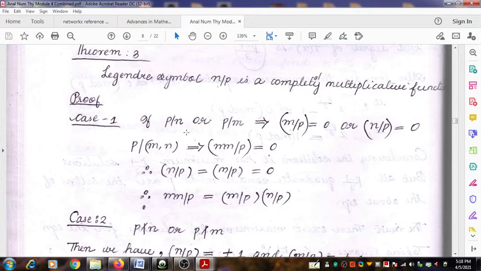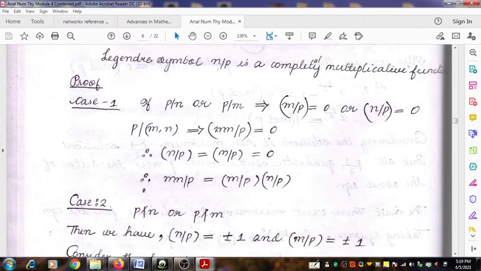If p divides m, then (m bar p) equals 0. Thus, if p divides n or p divides m, then (m bar p) equals 0 or (n bar p) equals 0. Then what about m into n? Assuming that p divides m or p divides n, you can say that p divides the product m into n.